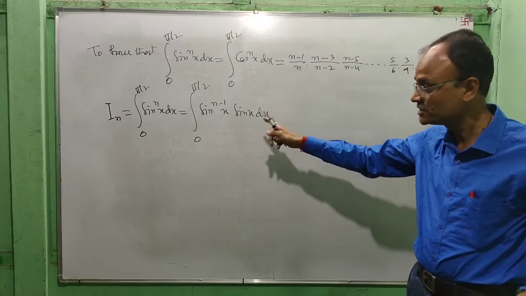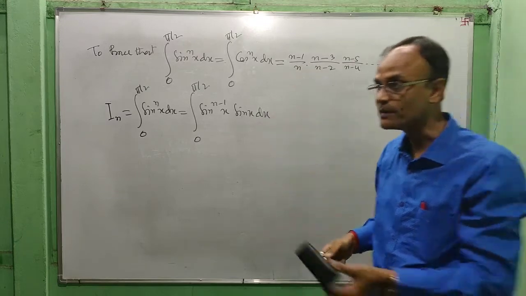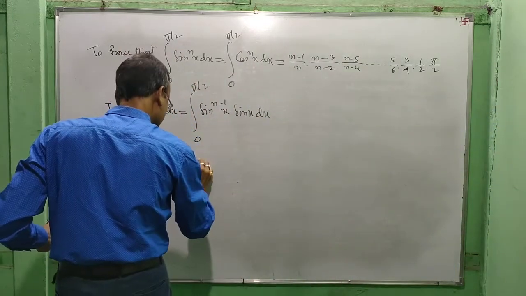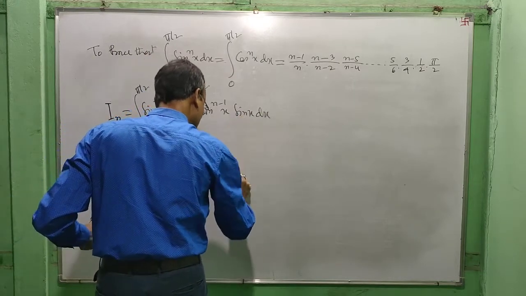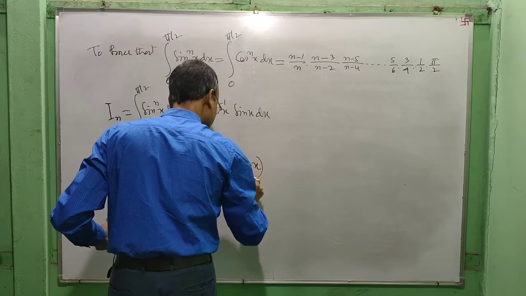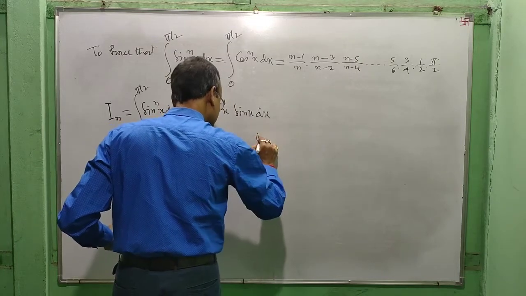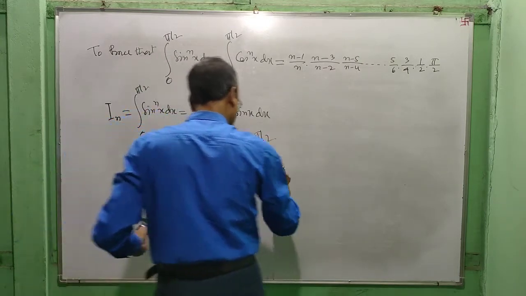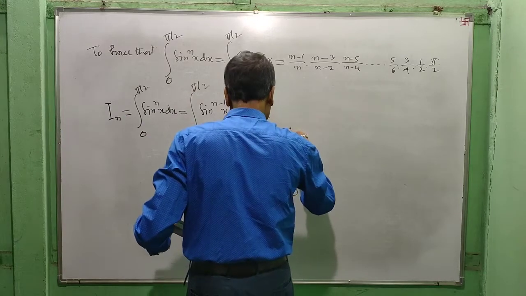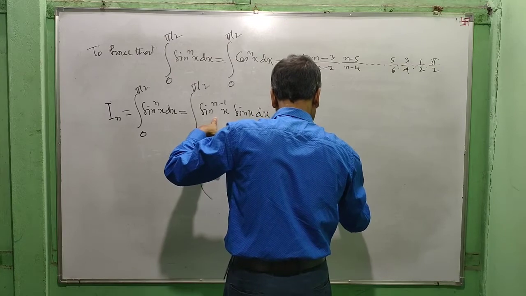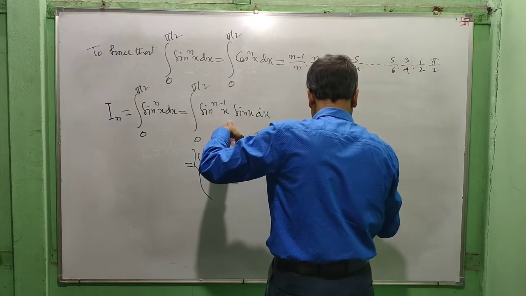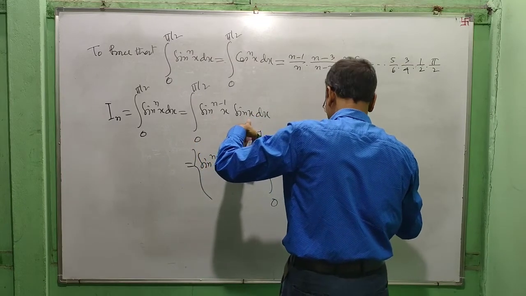Now integrate this by the method of integration by parts. This is equal to first function sin to the power (n minus 1) x, the integration of the second function, it will be minus cos x, limit will be 0 to pi by 2, minus integration 0 to pi by 2, differentiation of this, (n minus 1) sin to the power (n minus 2) x into cos x, into minus cos x.